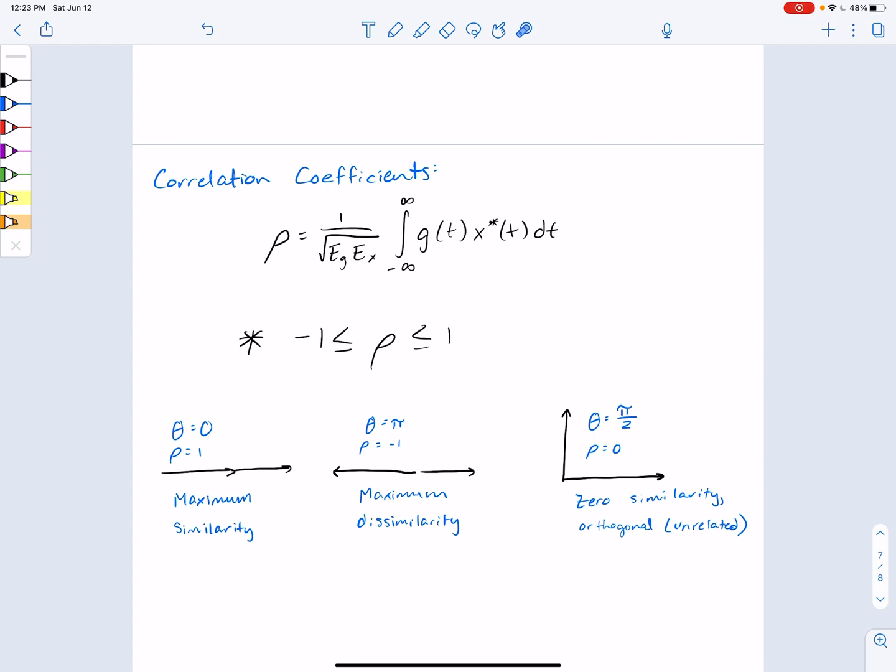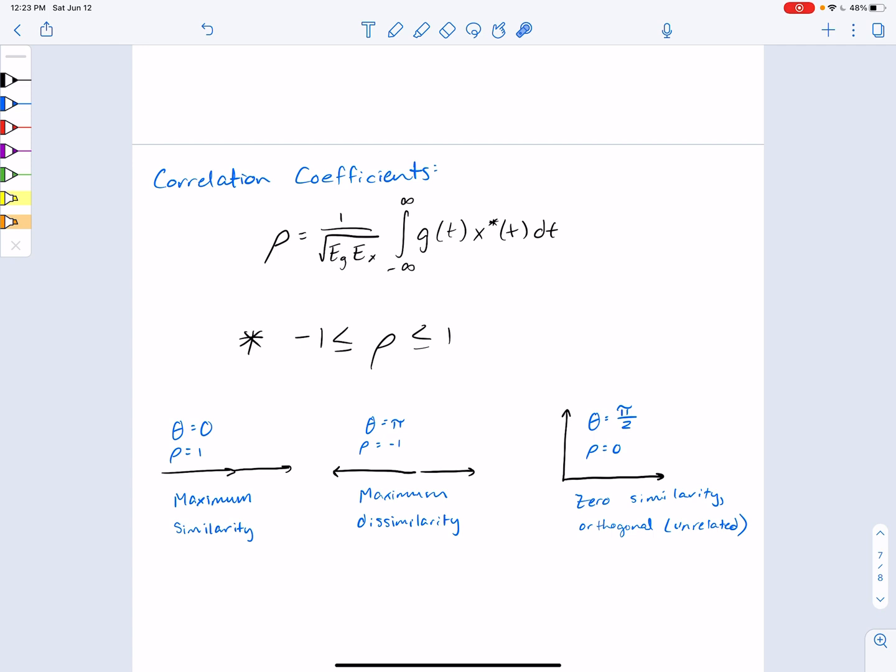If you get anything outside that, your answer is wrong. How I like to make sense of correlation coefficients is to think of it as the percentage of similarity. I know these aren't percentages, but if 1 is 100%, then -1 is -100%. So that's how I think of it.